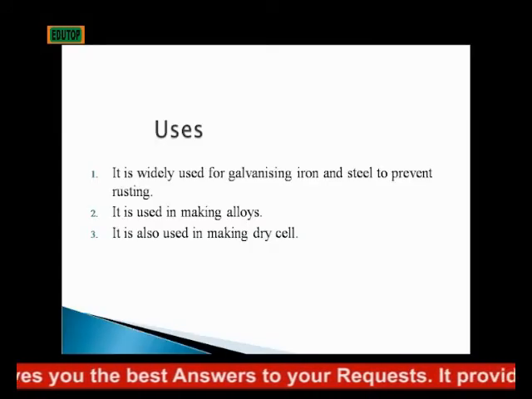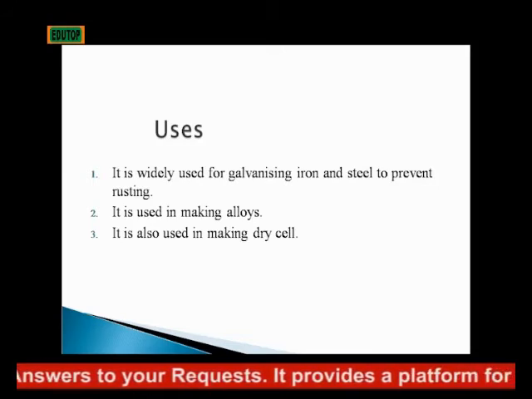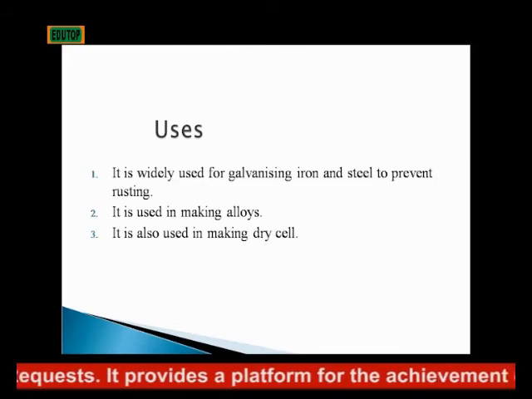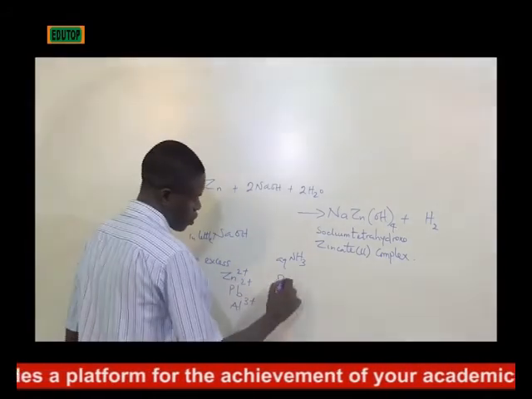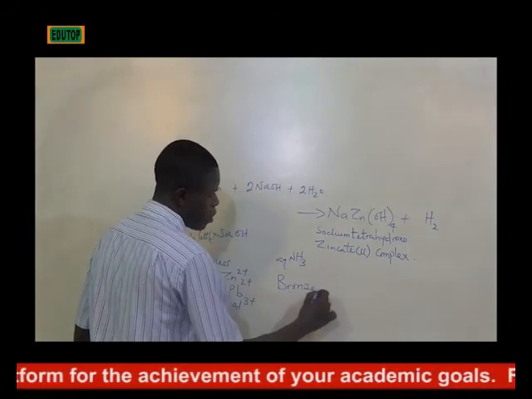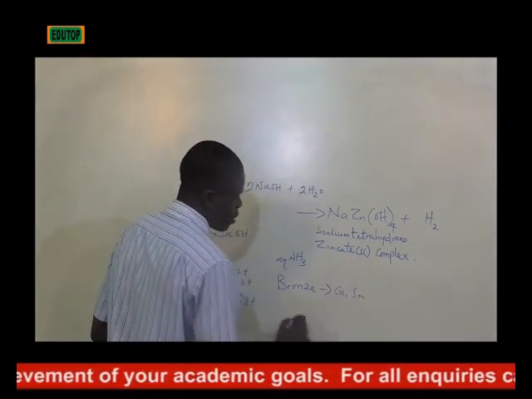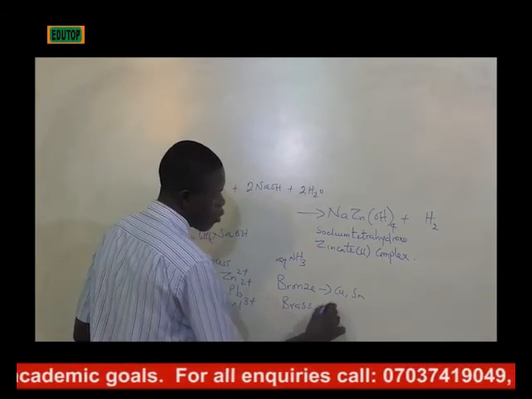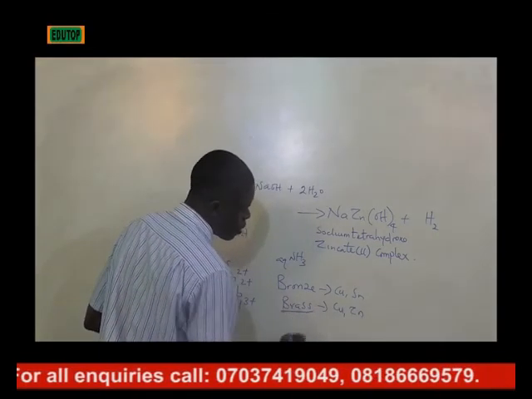Uses: 1. It is widely used for galvanizing iron and steel to prevent rusting. 2. It is used in making alloys such as bronze and brass. Bronze is an alloy which comprises copper and tin, while brass is an alloy which comprises copper and zinc.